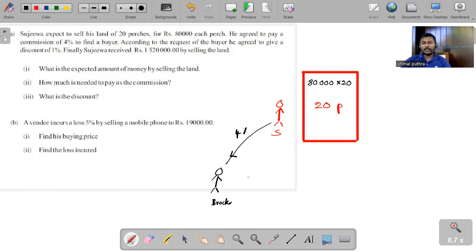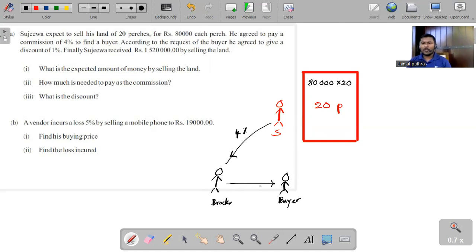He should find a buyer. Then he will find a buyer. This is the buyer. Sujeeva will pay 4% of the business to the broker.